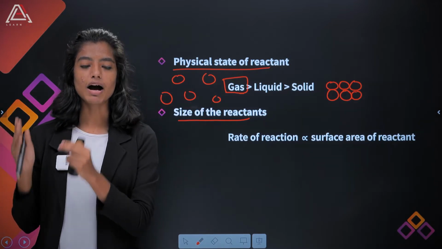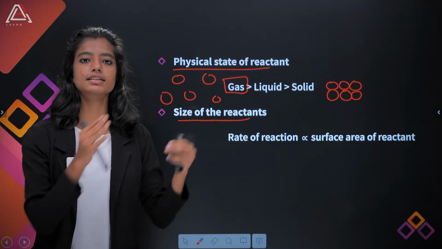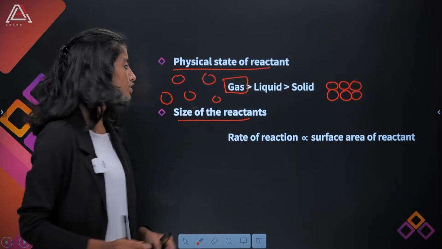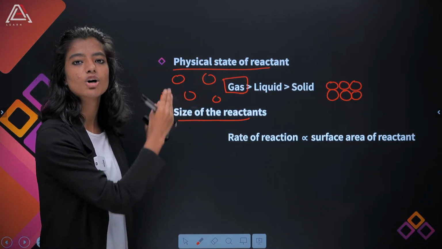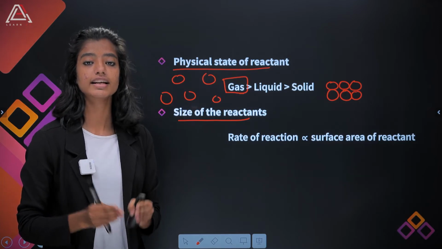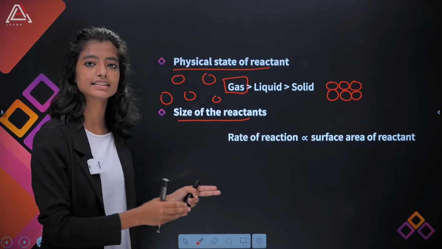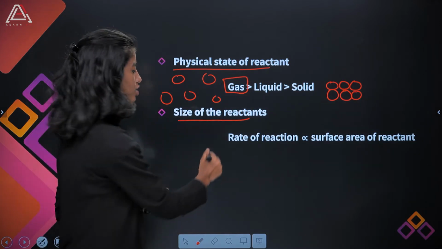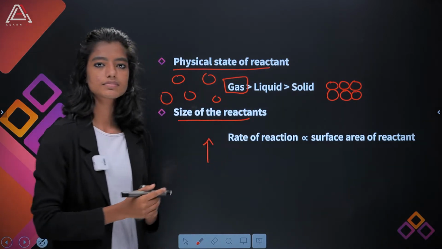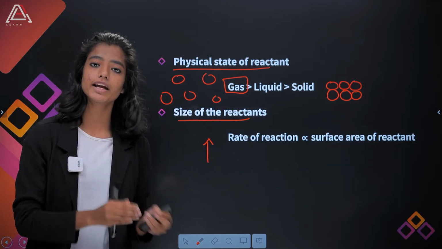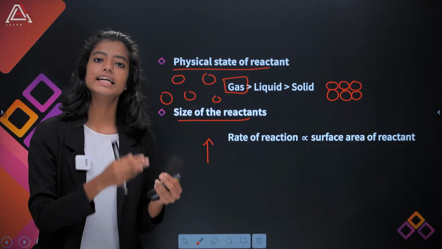Definitely, the powdered sugar will dissolve faster than the sugar crystals. Yes, the rate of a chemical reaction depends on the size of reacting species. That is, as the size decreases, the rate or the speed of a chemical reaction increases.